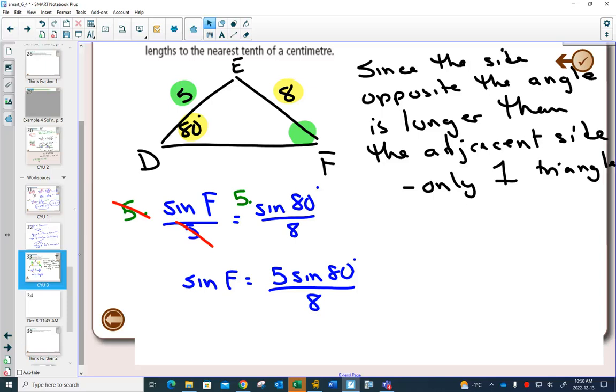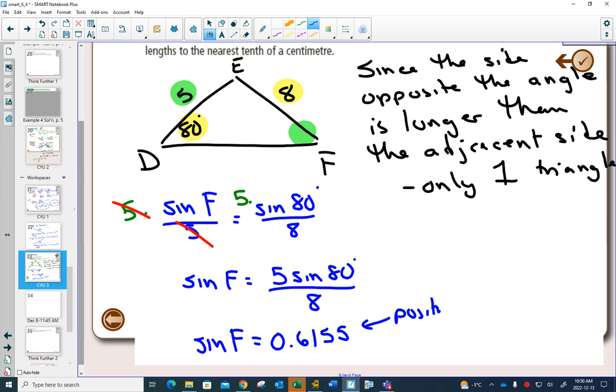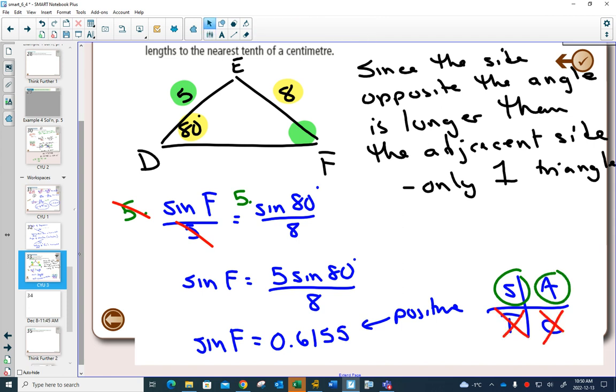so if I type that into my calculator, I get 0.6155. Okay, I notice that this is positive, so according to my CAST rule, my possibilities for answers will be in quadrant 1 and quadrant 2.